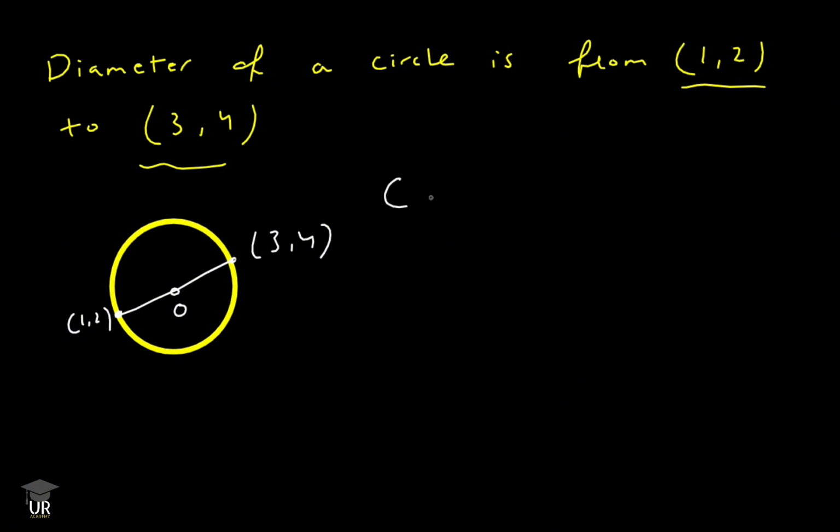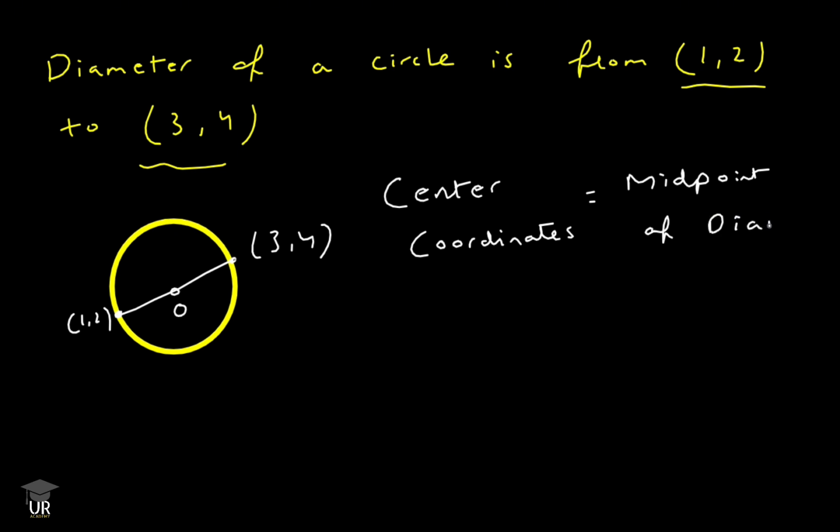So center coordinates are actually the midpoint of the diameter. So now how will we find this? In order to find the center of the circle, we need to find the midpoint of this diameter.